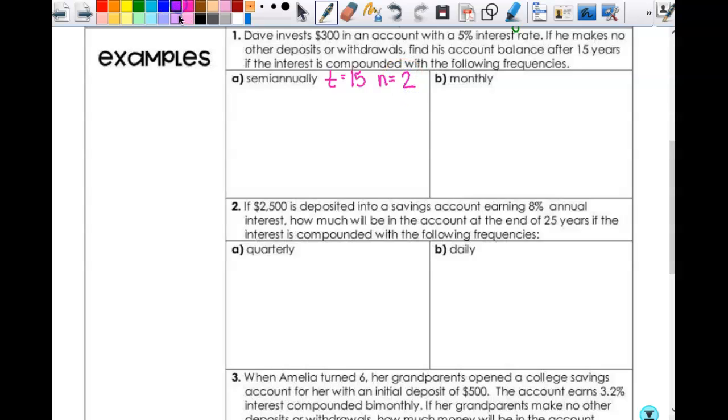Then we substitute it in. We get A equals, so our initial amount is $300 times (1 plus the rate, which is 0.05, divided by 2) to the 2 times 15 power. Okay? And then you can just type it in the calculator just like that. There's no need to simplify at all.